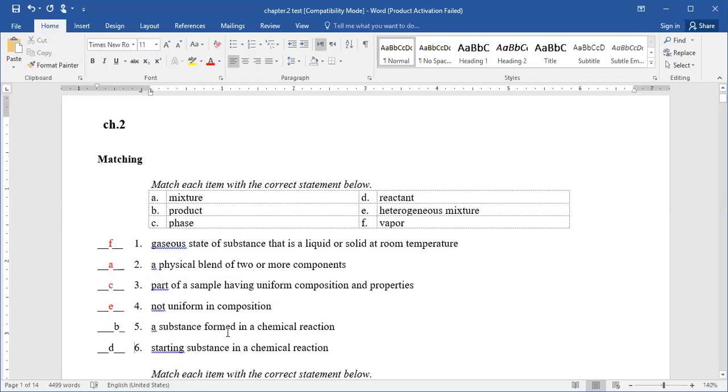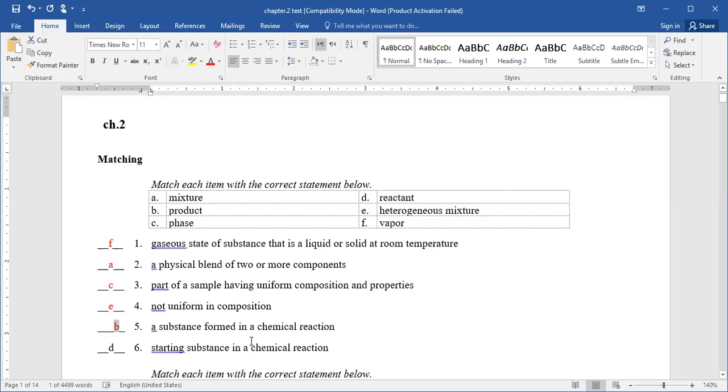A substance formed in a chemical reaction will be a product.